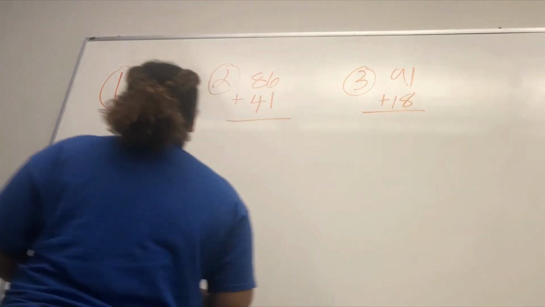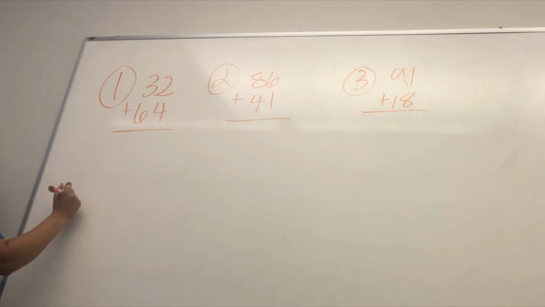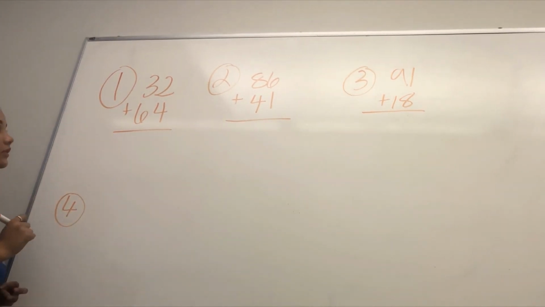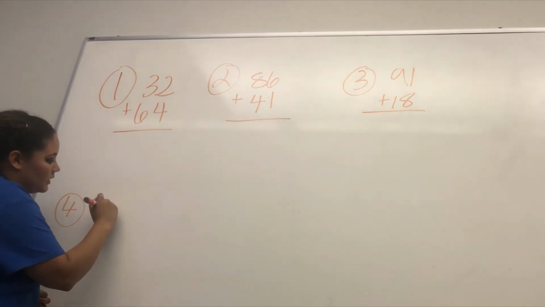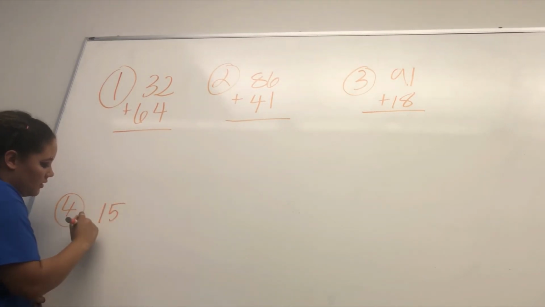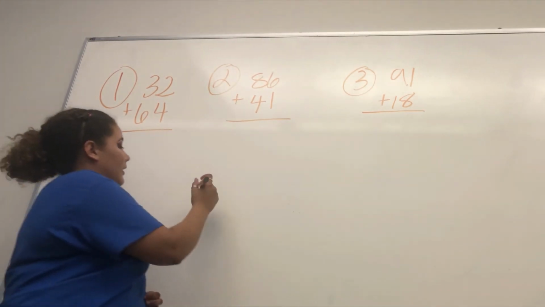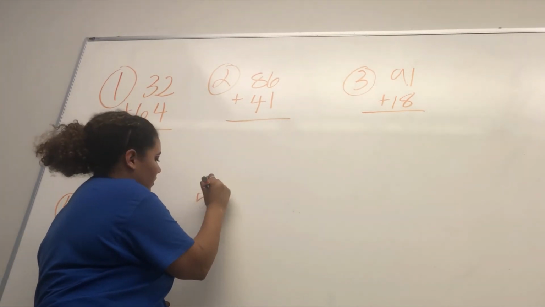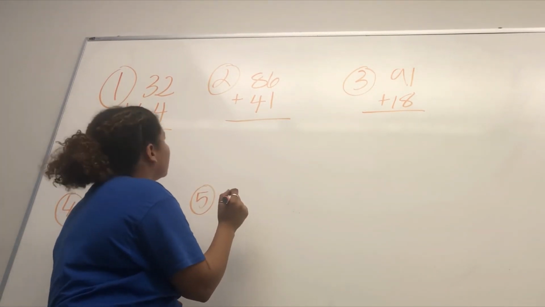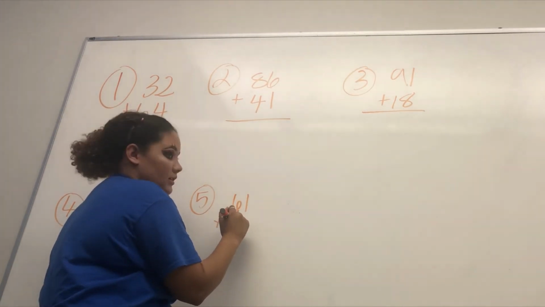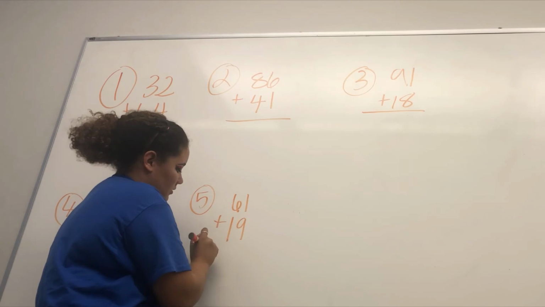Okay, number 4, let's do 15 plus 30. Okay, and then number 5, we're gonna do 61 plus 19.